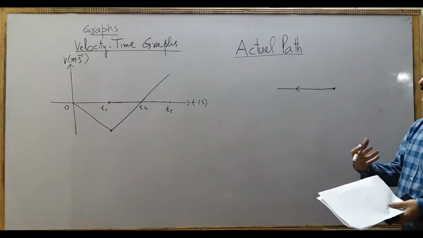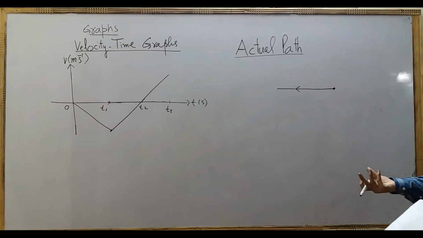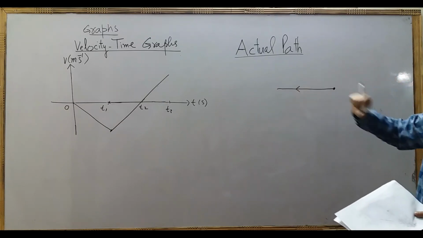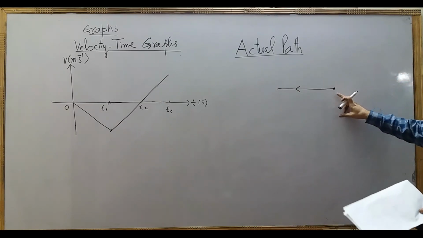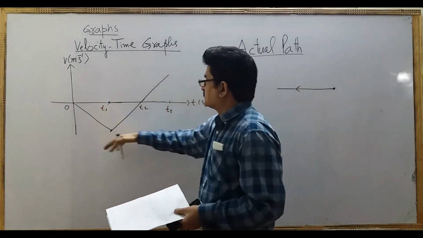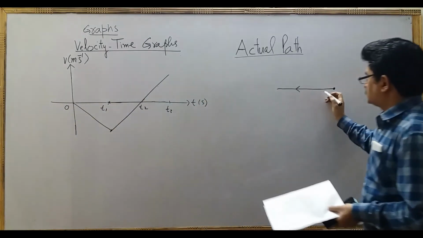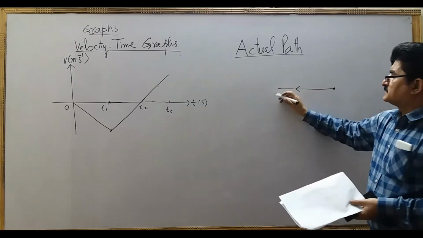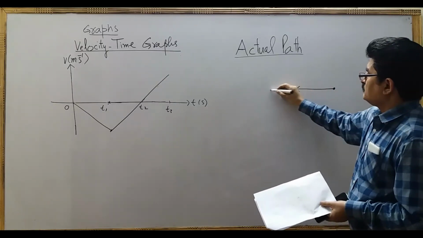It's our choice which direction to take as positive or negative, but usually we take right as positive and left as negative. So the particle is moving in the negative direction up to time t1. It is speeding up, it is accelerating, and it has positive acceleration.